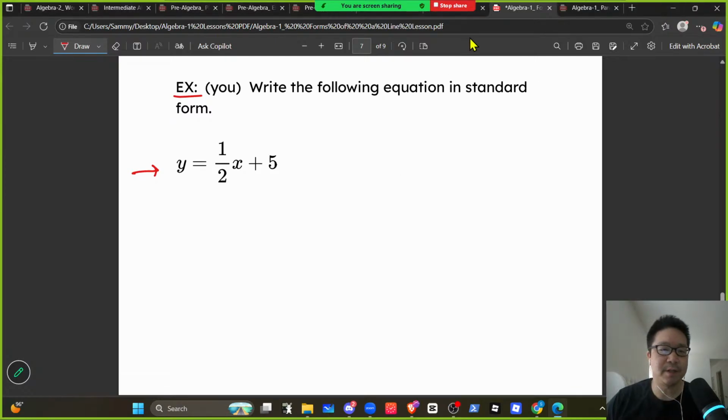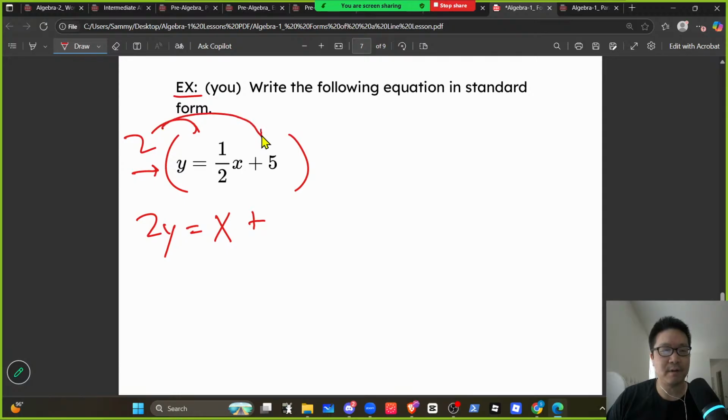Since we want integers as coefficients, I would start by multiplying the whole thing by 2 to get rid of the fraction. So I end up with 2y equals x, because 2 times 1/2 is 1, and then 2 times 5 is 10.